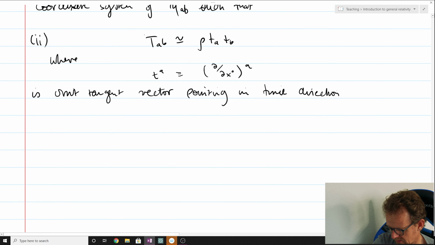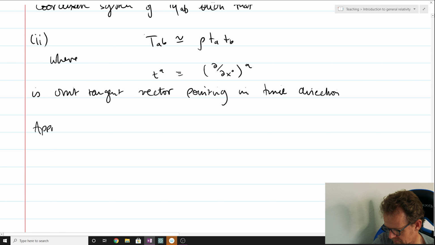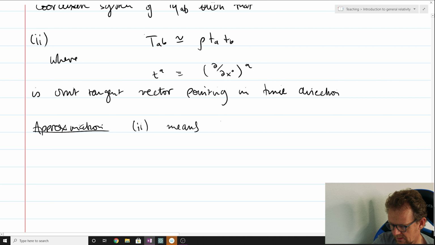And what does it mean? Well, approximation 2 means that the momentum densities are small, and the stresses are small.